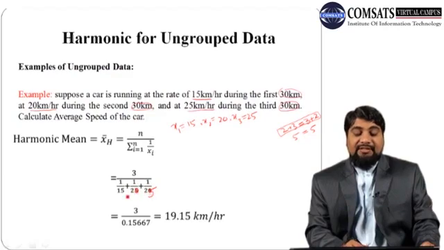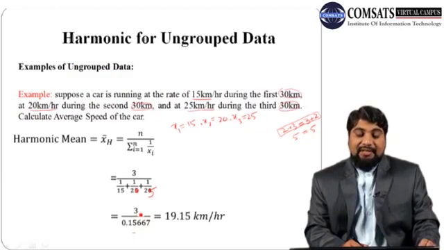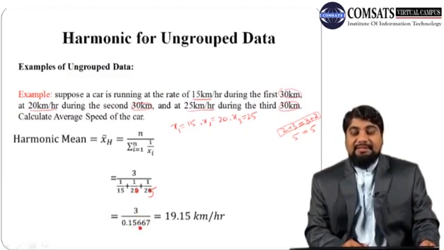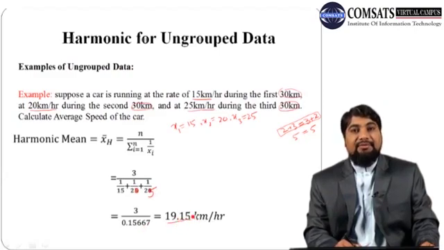So just calculate these numbers and add them. Adding them we get 0.15667. The numerator 3 stays as it is, then we divide this 3 by 0.15667, and we get 19.15.